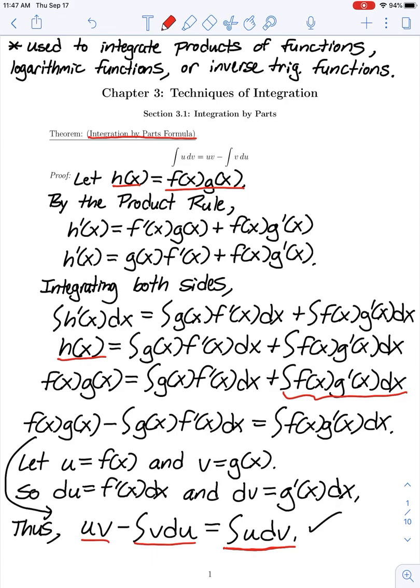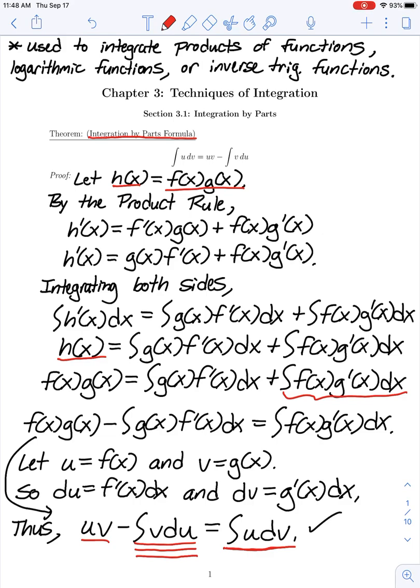My goal in this method of integration by parts is to choose u and dv in such a way that the integral I get by applying the formula is easier to evaluate than the integral I started with. So that's the general idea here of integration by parts.